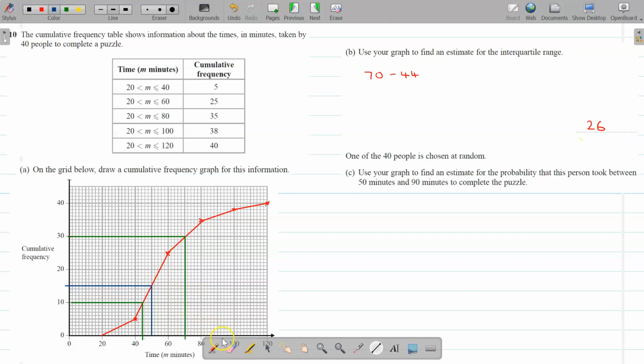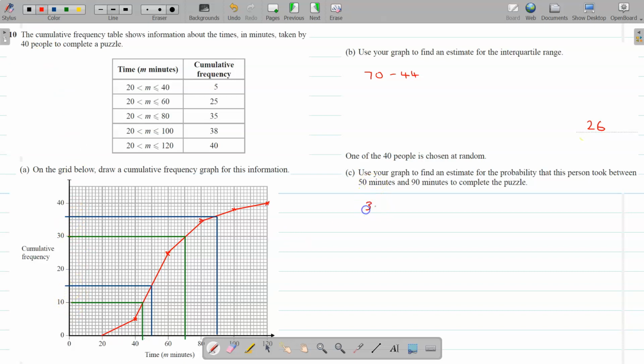Do the same at 90, which is there, and that hits the graph right up here, and then take that line across. The difference between those two numbers is going to be 36 minus 15.